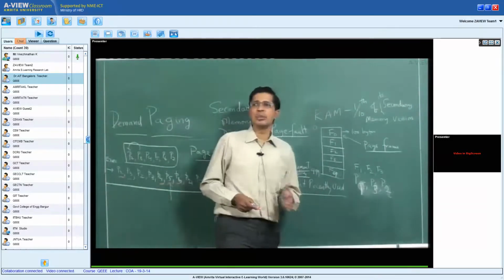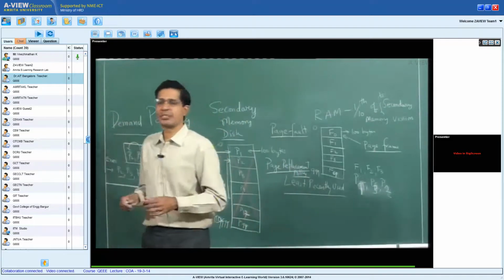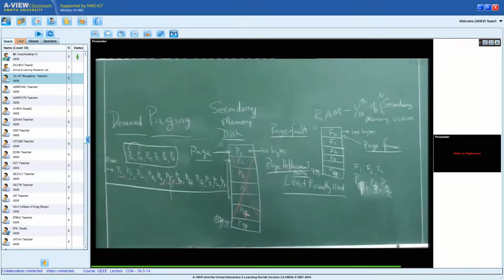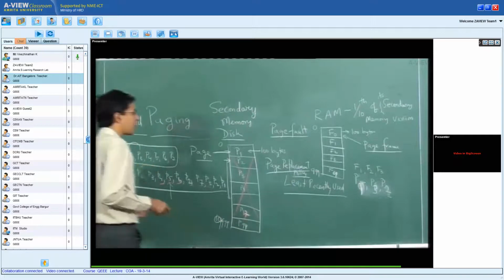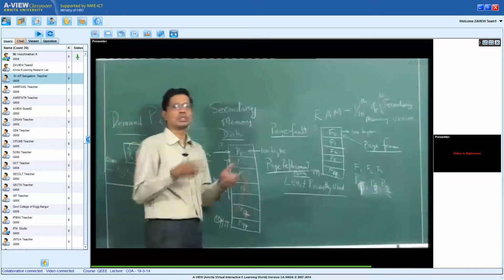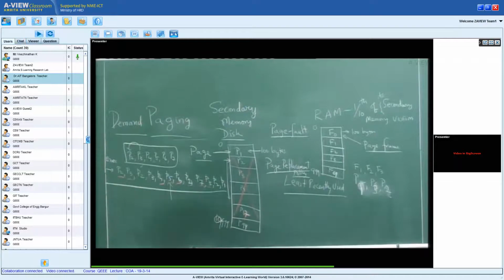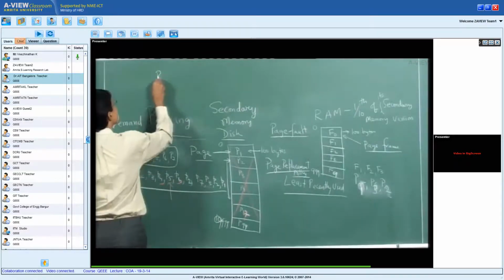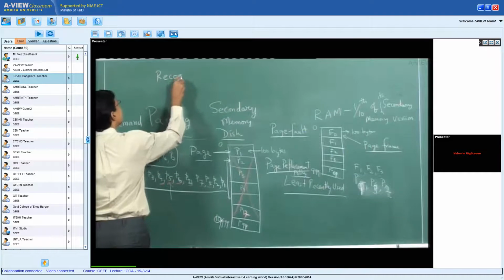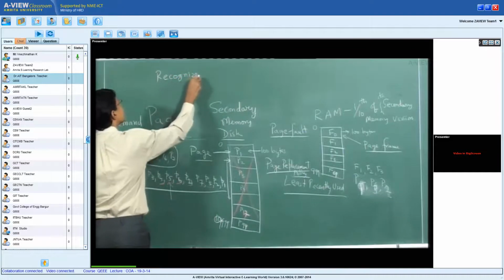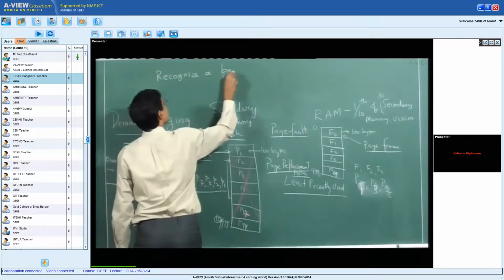Now what we need to discuss in the remaining part of this class is how these operations are going to happen. So what are those operations? Number 1, I have to recognize a page fault.